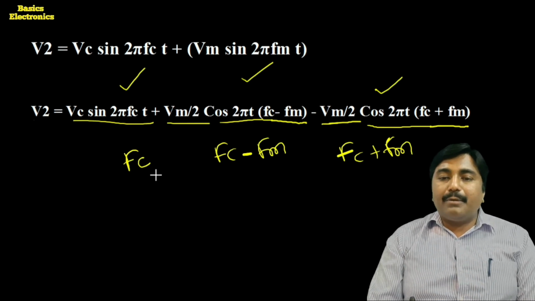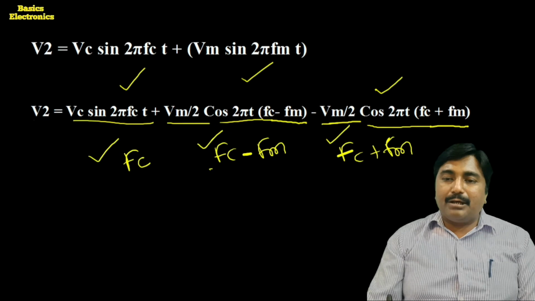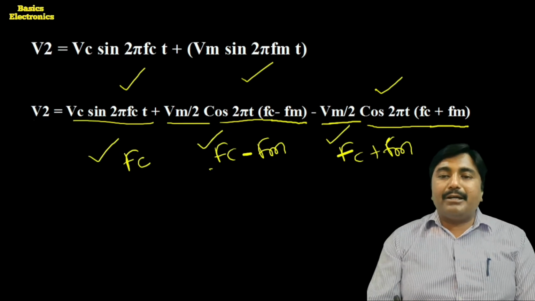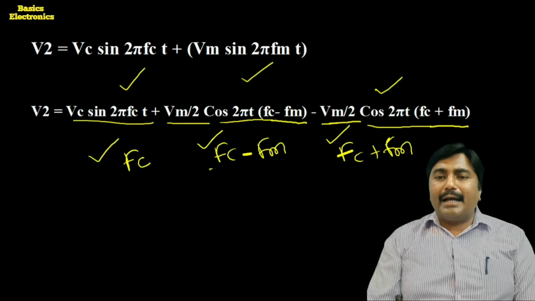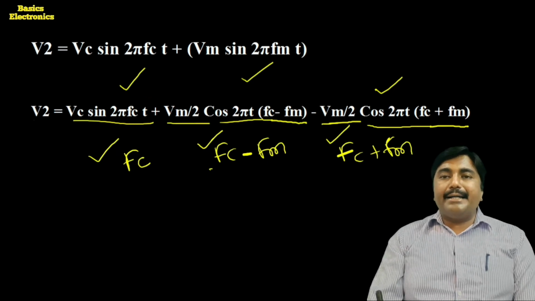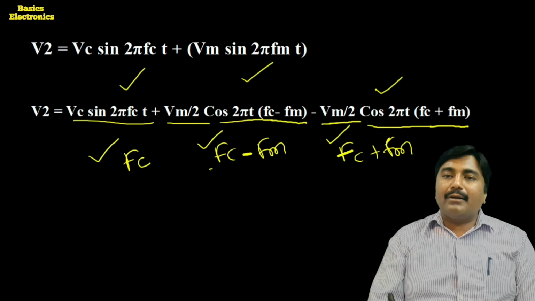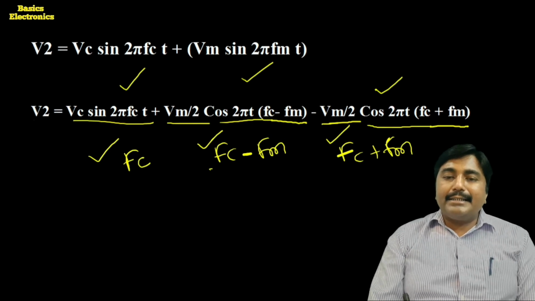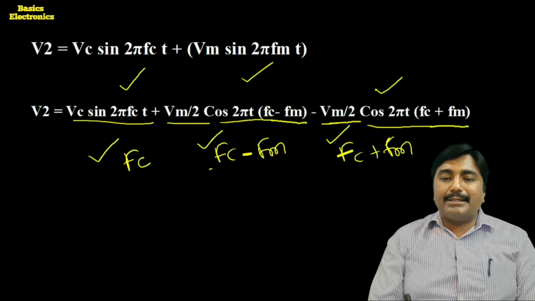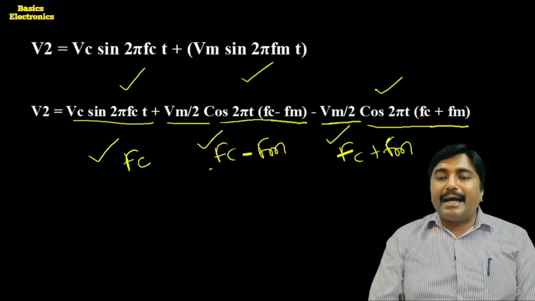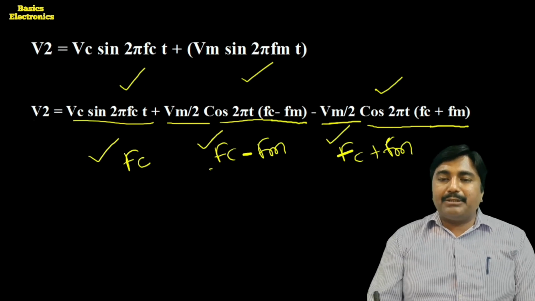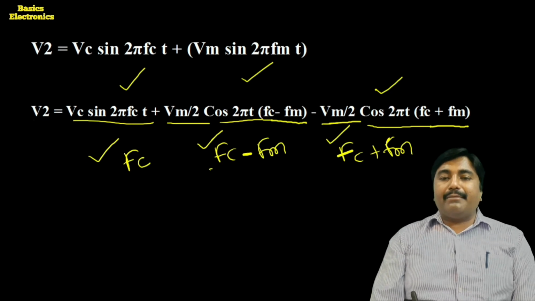So these two frequencies, fc minus fm and fc plus fm, we call the side frequencies, or the sideband frequencies, or only the sideband. This fc minus fm we call the lower sideband frequency and this fc plus fm we call the upper sideband frequency.